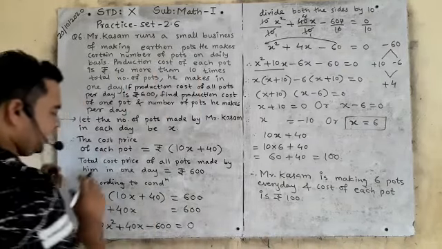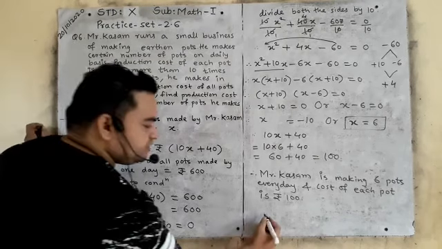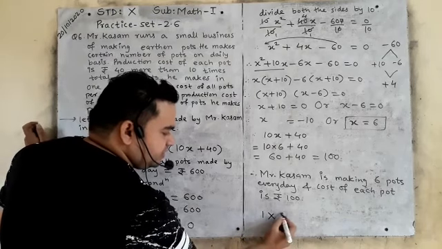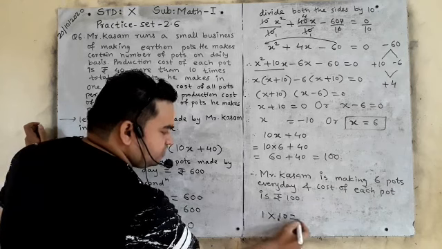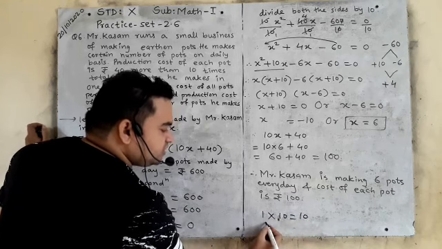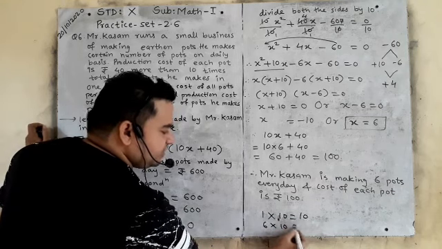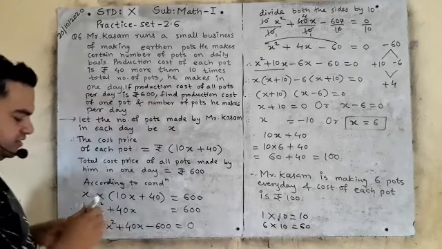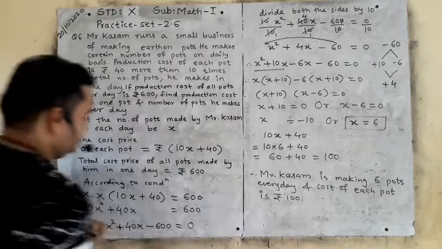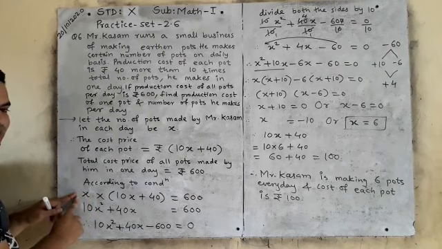So you will multiply 10 by the number of pens. One pen multiplied by 10 is 10 rupees. So 6 pens multiplied by 10 is 60 rupees, right?